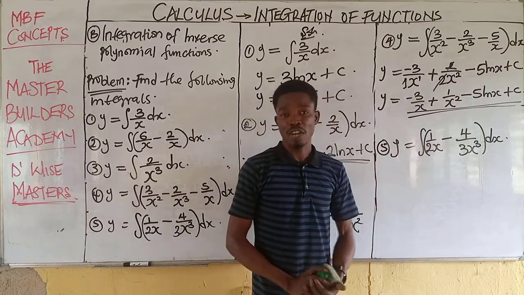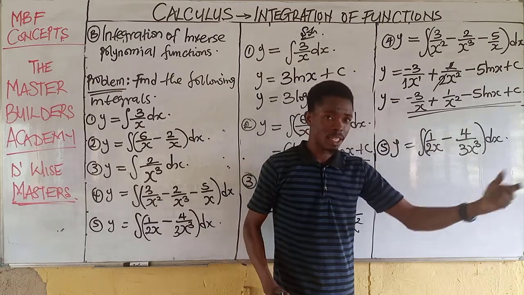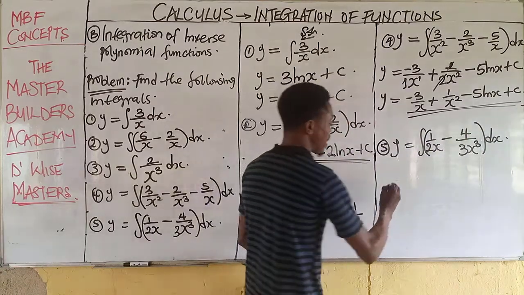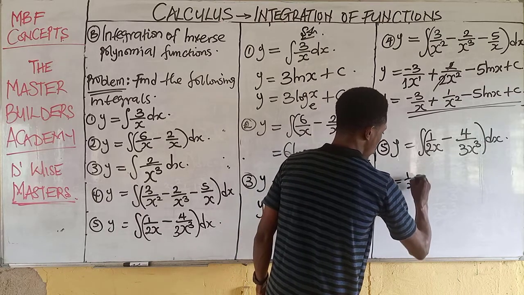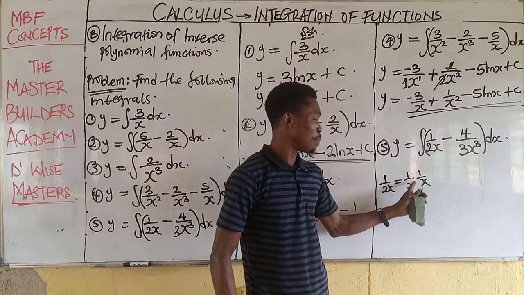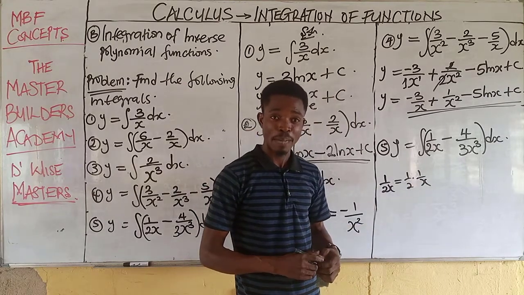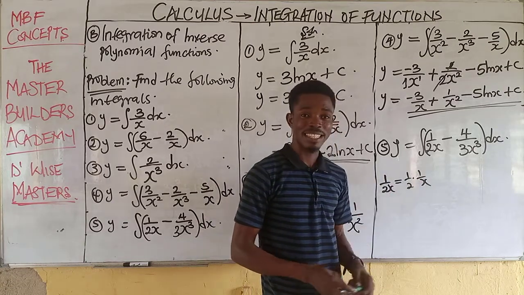Now, these are all fractions. The first fraction I have is 1 over 2x. Guys, do you agree with me that 1 over 2x is the same thing as 1 over 2 times 1 over x? Don't forget that this dot means multiplication in further maths. 1 multiplied by 1 is 1, 2 multiplied by x is 2x.